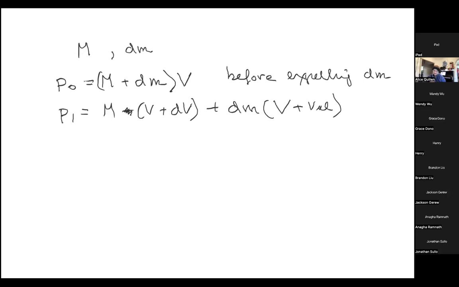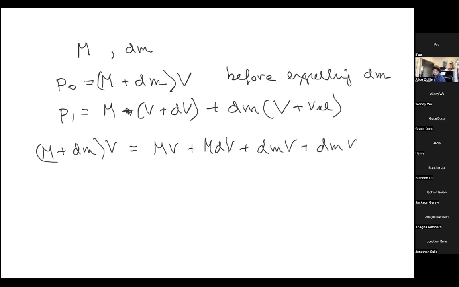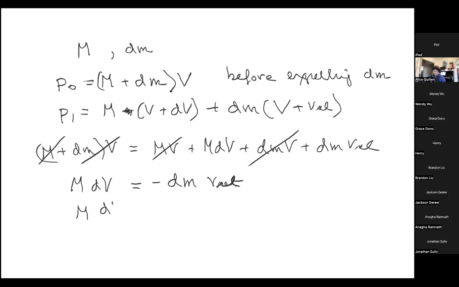Now we just set these two things to be equal. So (m plus dm) times v is equal to mv plus m dv plus dm v plus dm v rel. And so we can cancel this with this, and we can cancel this with this, and we get that m dv is equal to minus dm v rel. And that means that m dv/dt is equal to minus dm/dt times v rel.